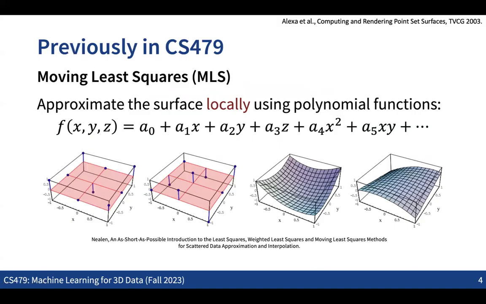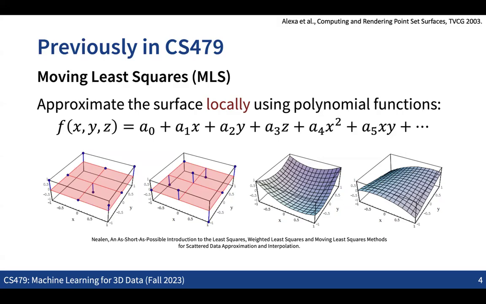But the problem is that the whole shape cannot be represented with a single polynomial function. So the basic idea was that we locally approximate the surface using some kind of weighted sum of the least squares equations. That is the idea behind the moving least squares.